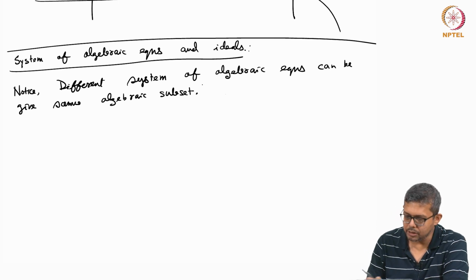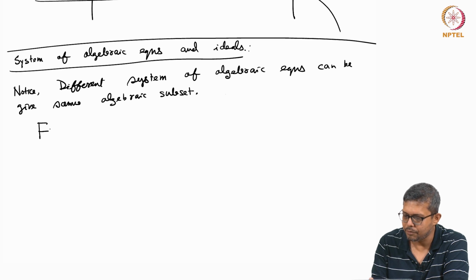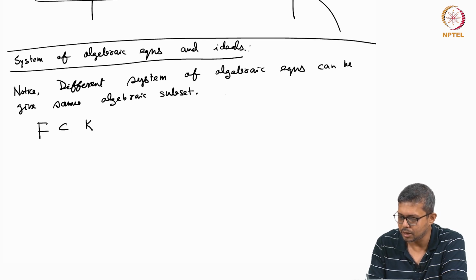For example, suppose F is a system of equations, a subset of K[T1, T2, ..., Tn].